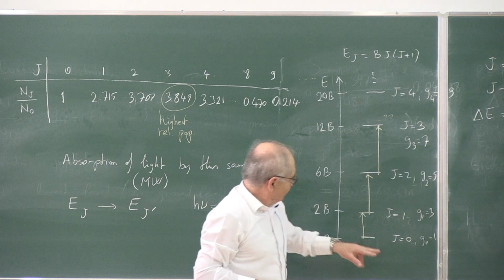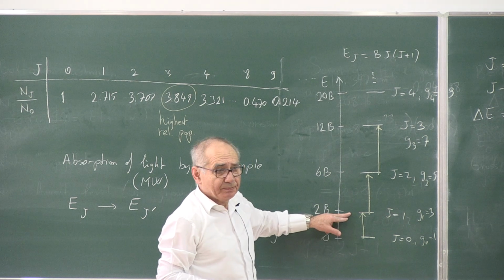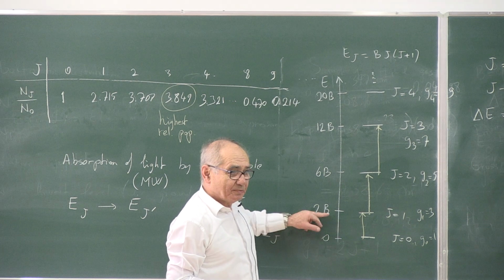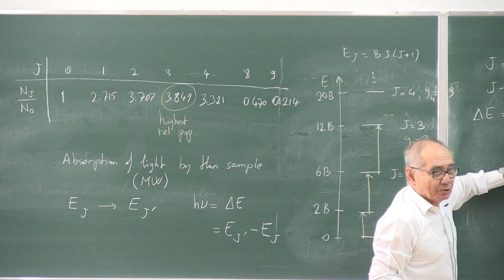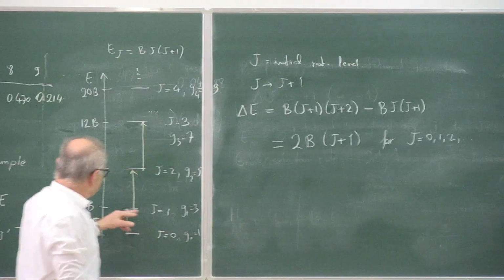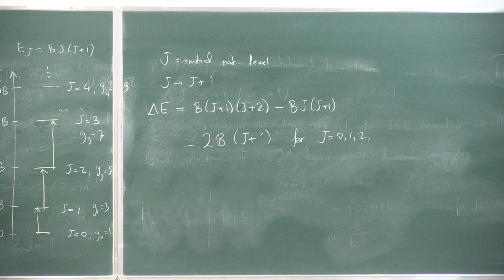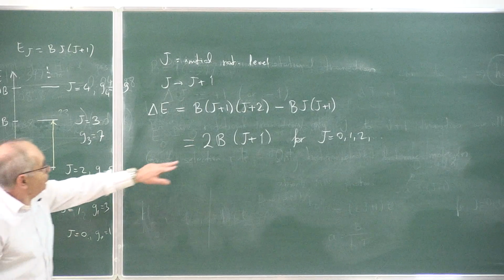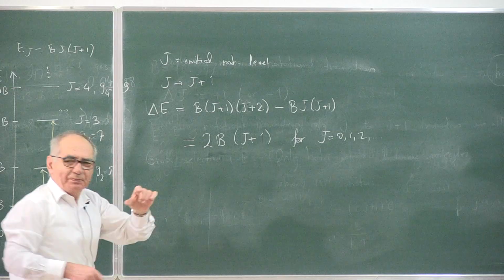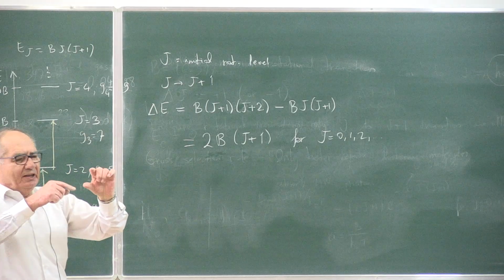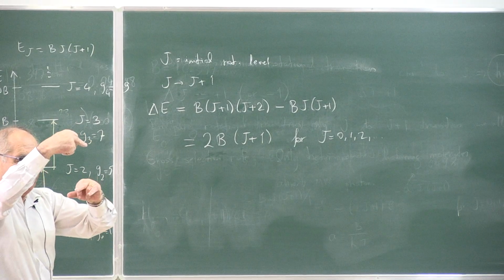Notice that what is the energy difference between the lowest level and the next one? 2B minus 0. The net result is 2B. If you put J equals 0 here, you get 2B. What is the energy difference between this level and that one? 6B minus 2B, 4B. Put J equals 1, 4B. So this is a general expression which gives the energy difference between the one level and the next one.